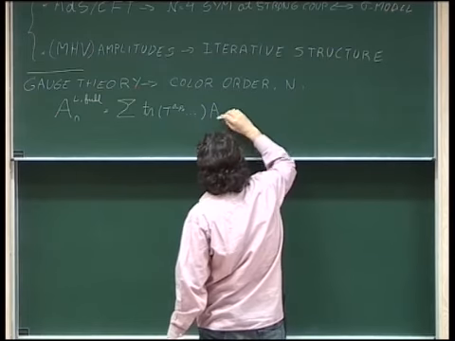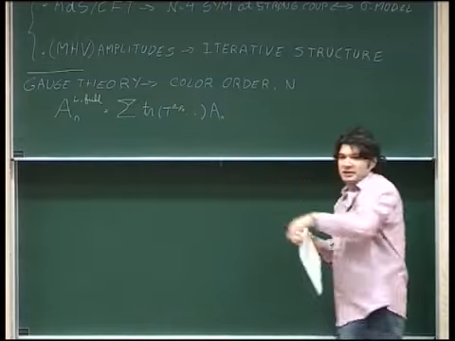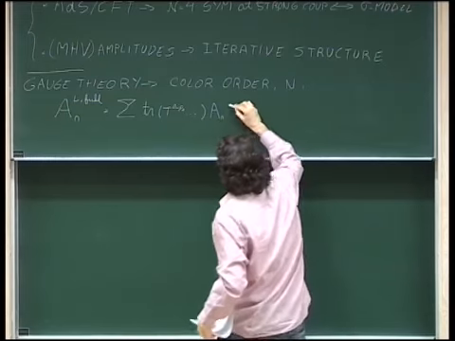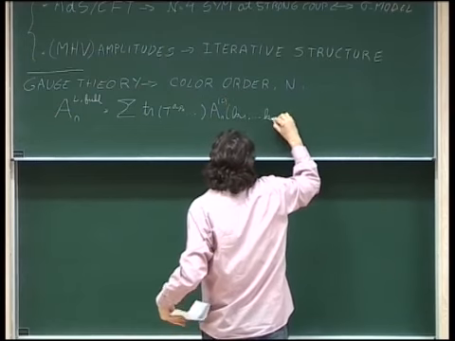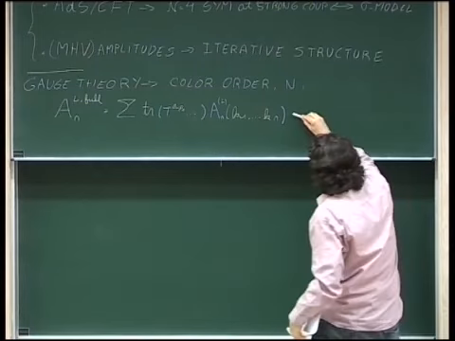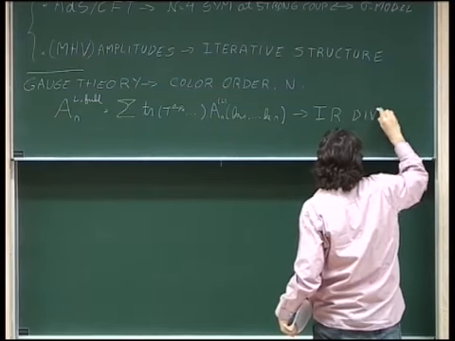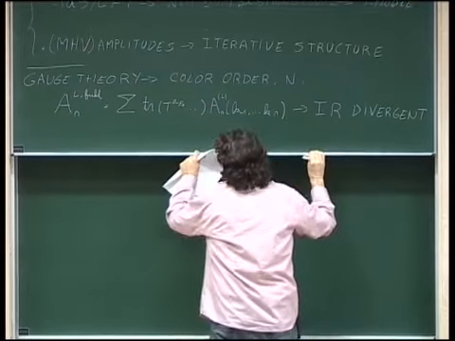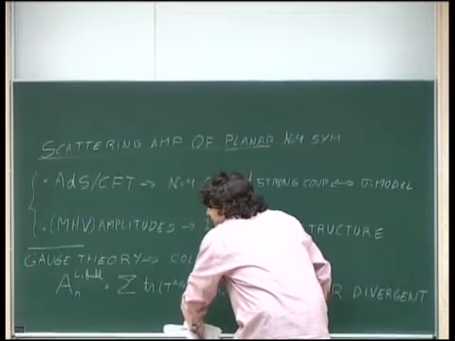And what they have studied is that in the large N limit, the color structure and the kinematics factorize. So what we are going to study is these color-ordered amplitudes. It turns out that these amplitudes are infrared divergent, and we need to regularize them. I think I prefer to write it up there.